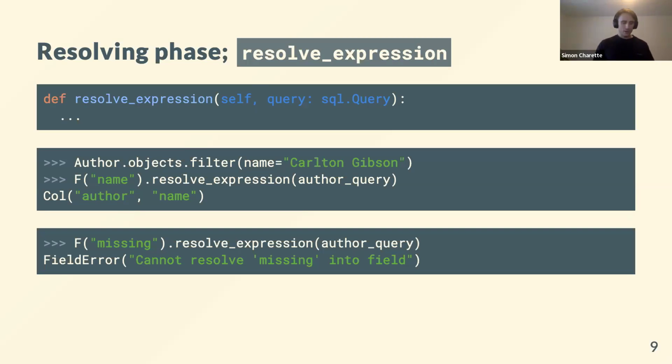I think that the way we still depend in a lot of areas on the connection to take some shortcuts. I said that the resolving phase is completely database agnostic, and it's true in like 99.9% of the cases, but there are still some cases that predate the introduction of multiple database support and routers and so on.